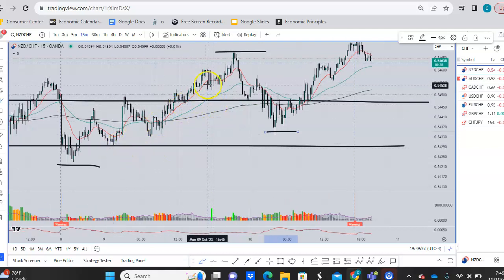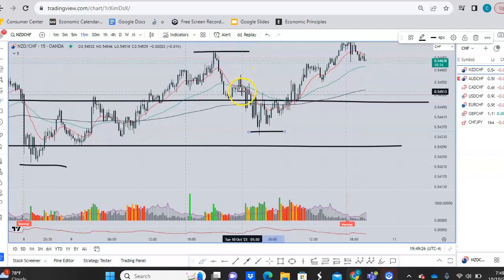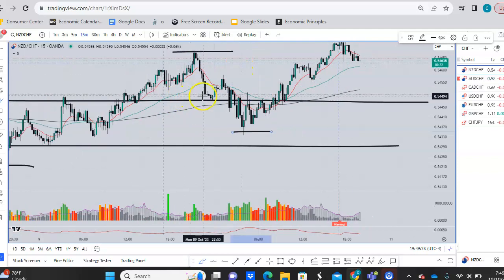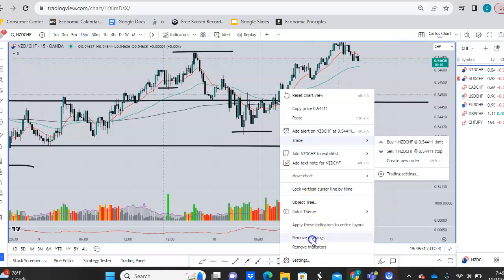Okay, so leg one is over. We have this sort of like thinking about it, stopping out all these smaller buyers along the way. So this would be a pullback, sort of like a stop hunt for the overall picture, but it's a pullback. So we have leg one, two, three, four, and I'm just gonna go ahead and clear this up so I can.